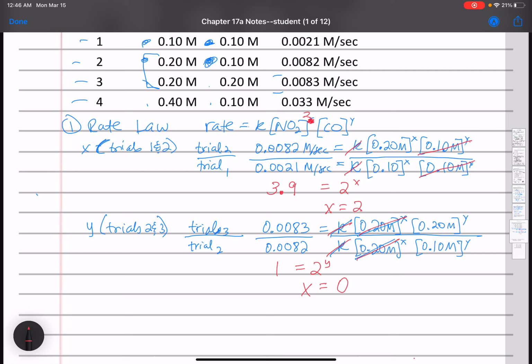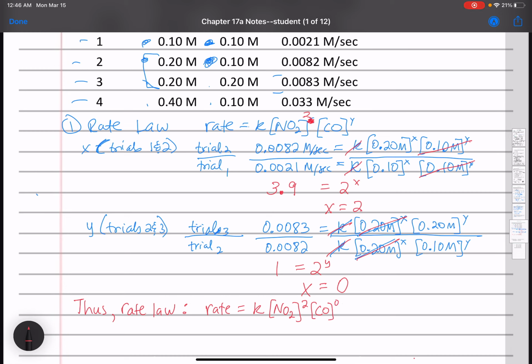So the rate law for this reaction is that the rate equals K times the concentration of NO2 squared times the concentration of CO to the 0 power.